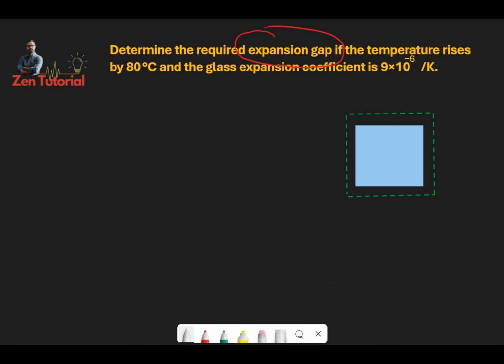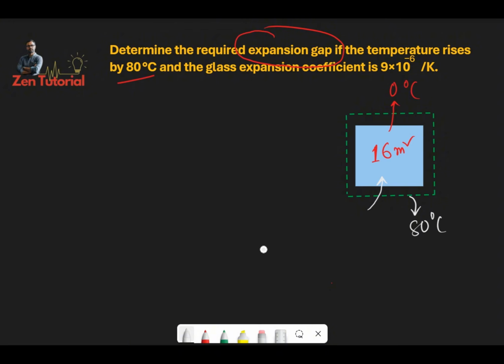So the first area of this one was 16 meter square, and let's say the initial temperature was 0 degree Celsius, and the temperature rises up to 80 degrees Celsius.